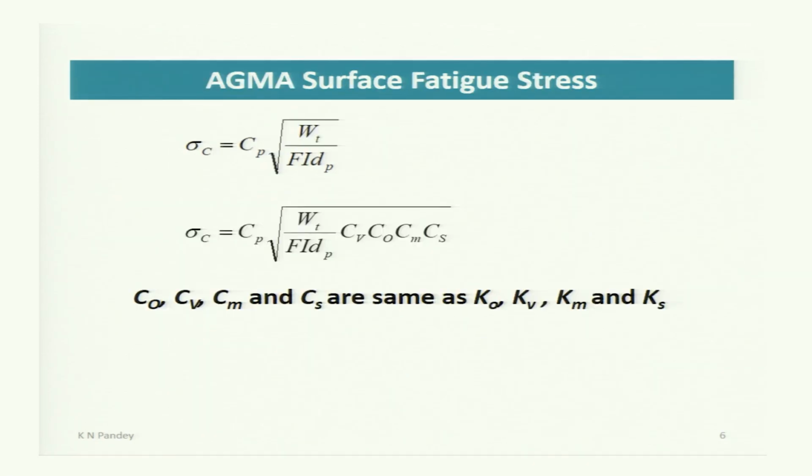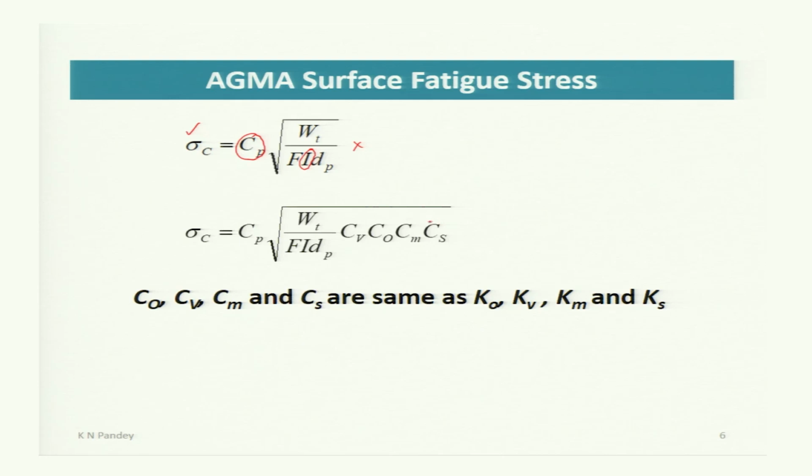Then after substituting the value of elastic coefficient and the geometry factor for pitting fatigue, the Hertzian contact stress equation is given by Cp under root Wt divided by F I dP. Now in this equation again some factors have not been taken into consideration, that means the overload or the dynamic effect or the mounting and the size, similar to the Lewis bending fatigue equation.